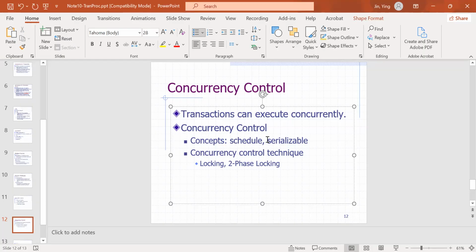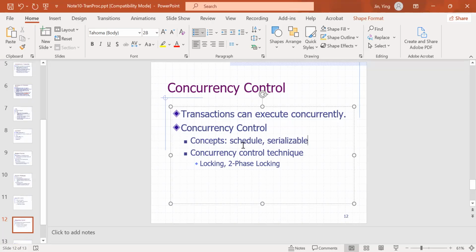To be serializable, the concurrent execution of transactions must be equivalent to some serial schedule, meaning sequential execution. They are concurrent but have the same good result as a sequential operation. That is hard to explain at this point because we have a set of definitions to define the equivalence and the good properties.